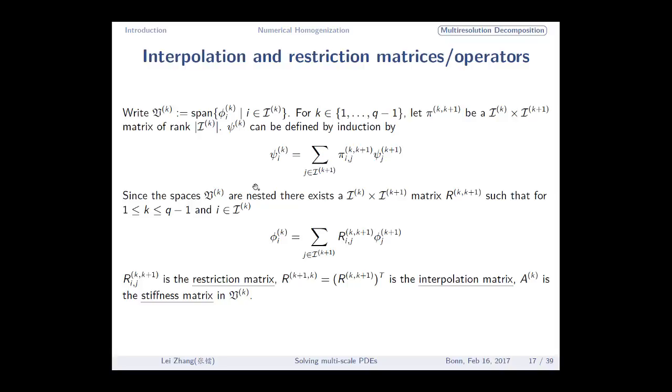Because the measurement function has this linear relation, this basis also has a linear relation, because we have this nested property. So we have this restriction matrix. We can extract the interpolation matrix, the restriction matrix, and also calculate the stiffness matrix. That's all we need, for example, for designing a multigrid method.